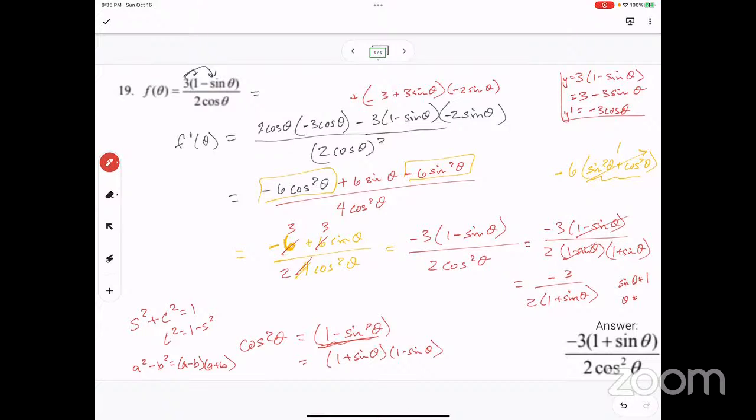You just have to say that theta can't equal, let's see, sine is your y coordinate, so theta can't equal 90 degrees. It can't equal pi over 2 plus or minus 2 pi k.